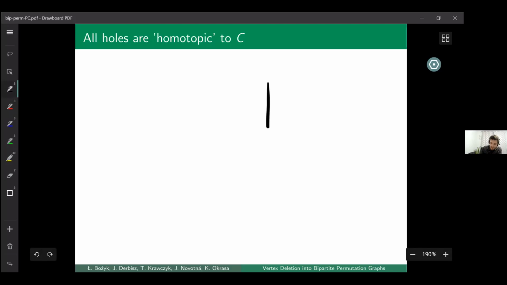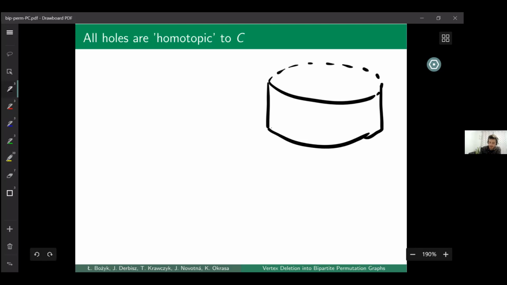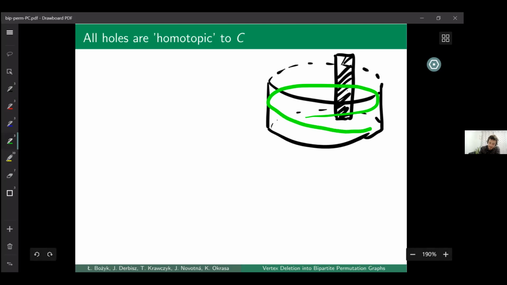Once we know that our graph is embeddable in, say, a cylinder or a Möbius strip, and we know that after we cut a fragment of the strip what we are left with is a bipartite permutation graph, it doesn't necessarily tell us that our holes cannot look like this, so go around it twice, because we will hit this, but this hole is not of the same type as the shortest hole.